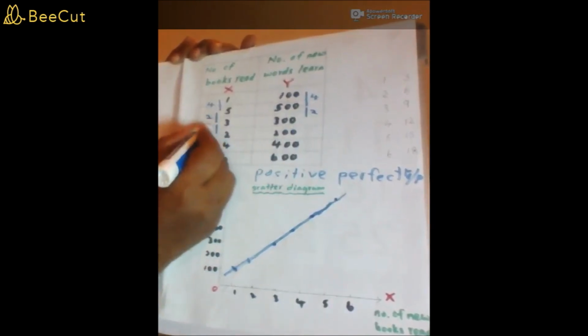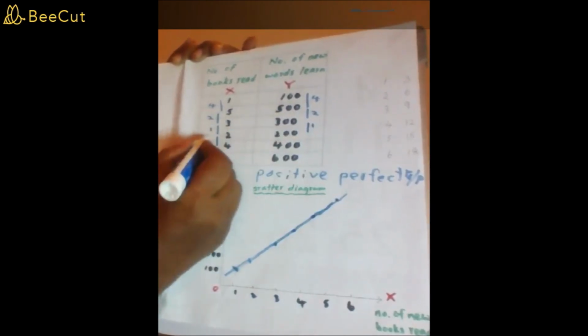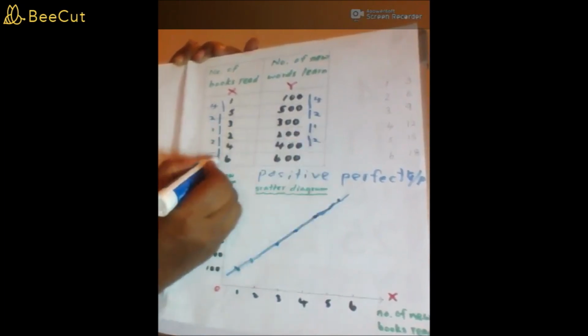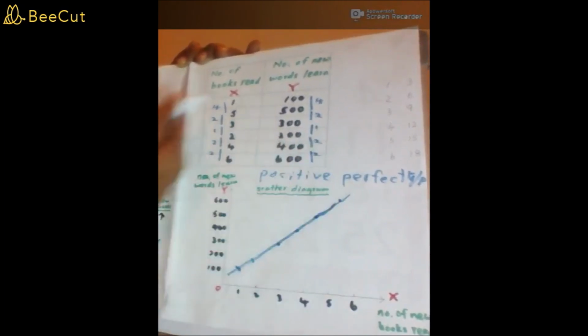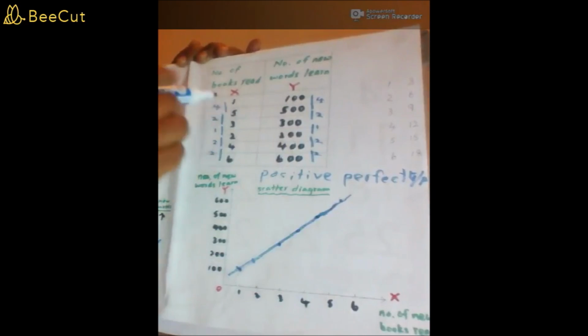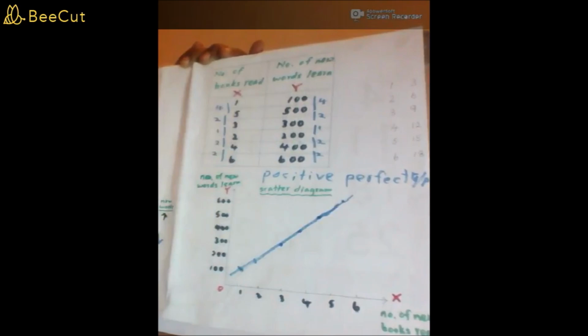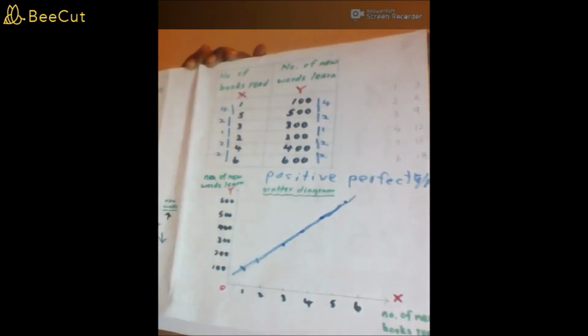Here difference is 1. Likewise here it's 2. So the changes are in the same ratio. Then there's a perfect one.